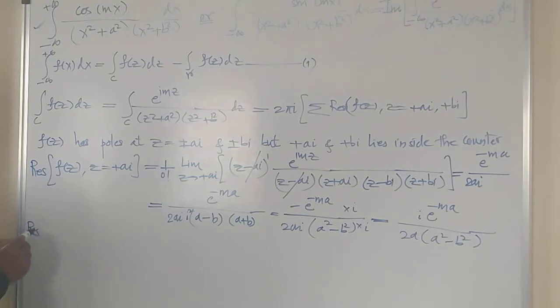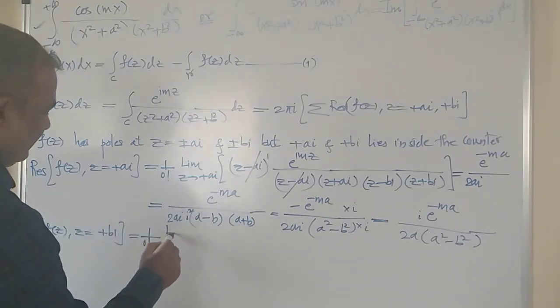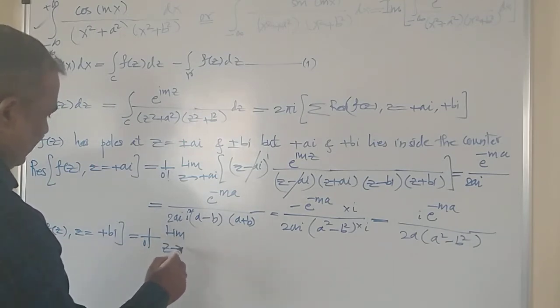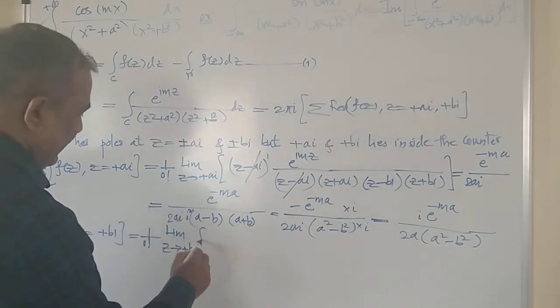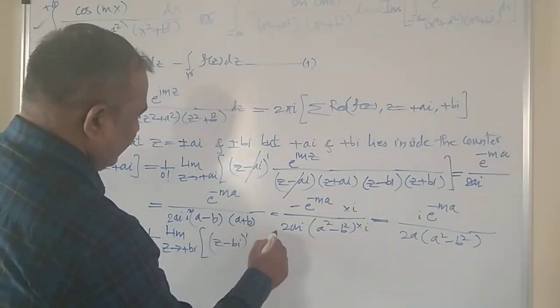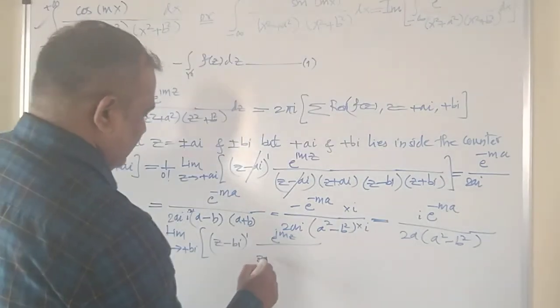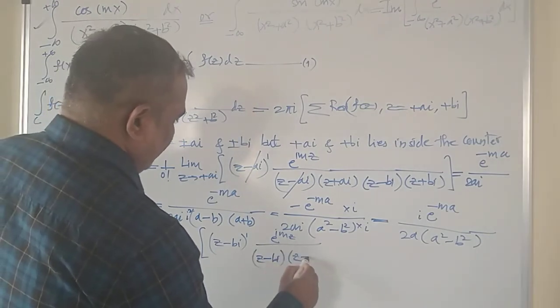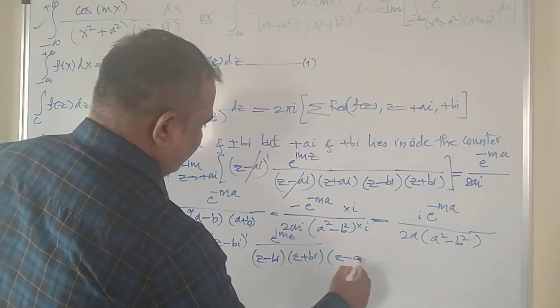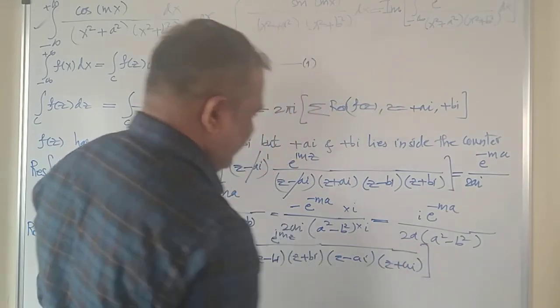So residue of the function f of z at z equals plus bi, and this is equals to, again having n equals 1, so 1 upon 0 factorial, limit z tends to bi of (z minus bi) raised to power 1 into f of z, e raised to i m z divided by (z minus ai)(z plus ai)(z minus bi)(z plus bi)... Got it?